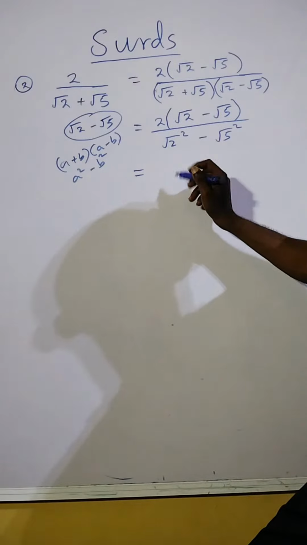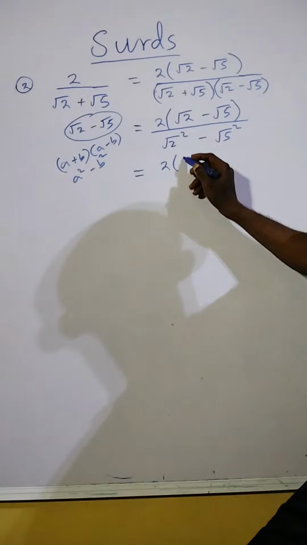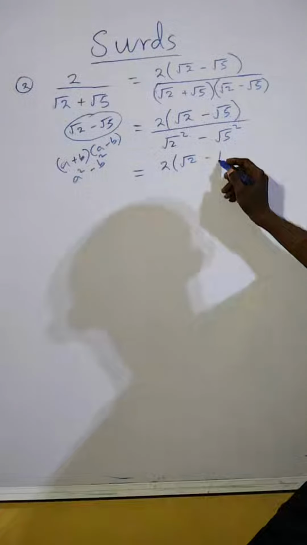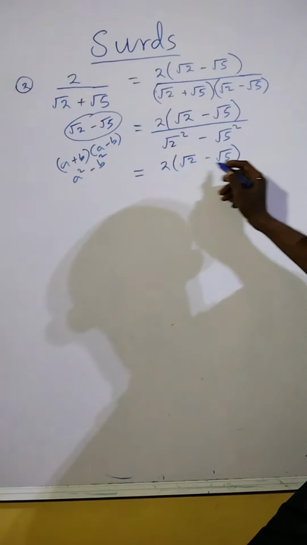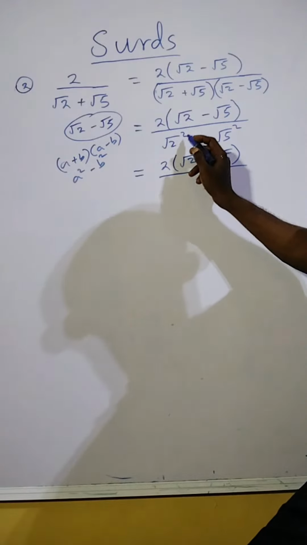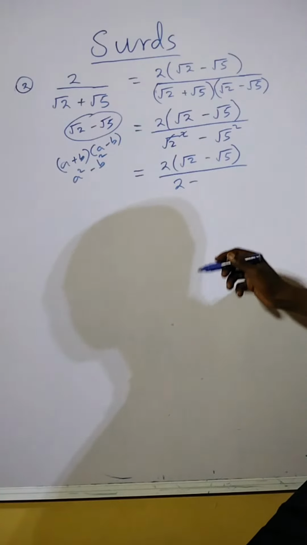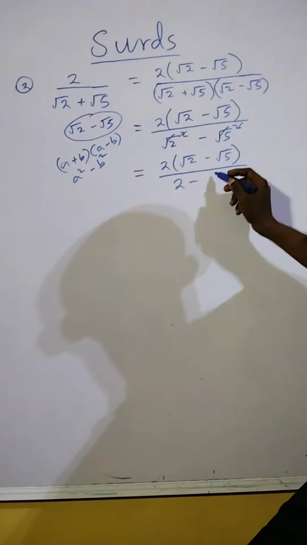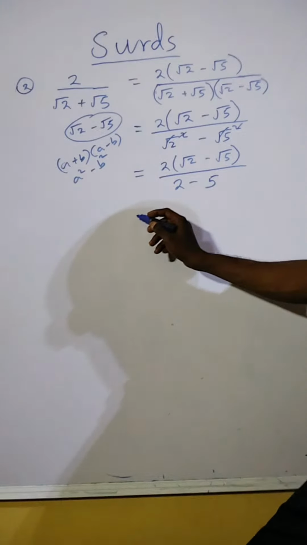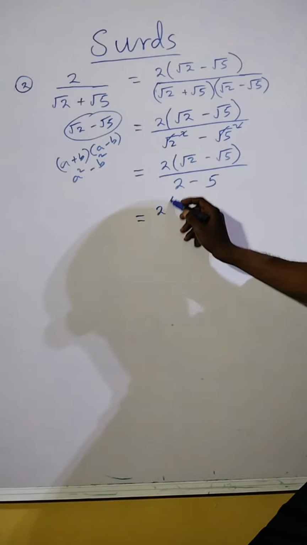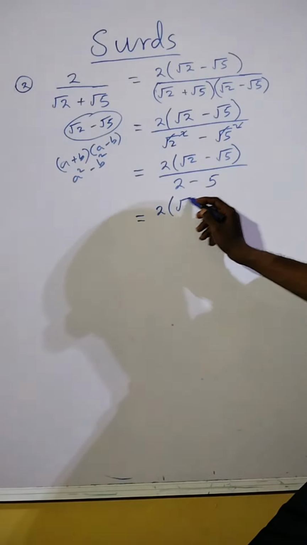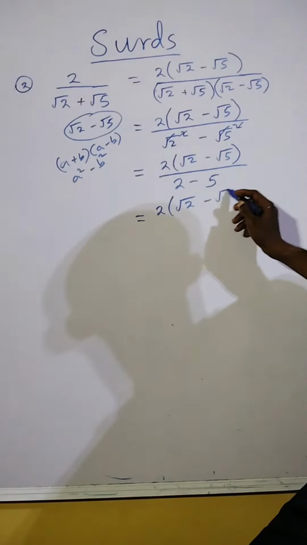Then here we have 2 into bracket root 2 minus root 5, over root 2 square, square cancels square root, we have 2, minus root 5 square, also square cancels square root, we have 5.